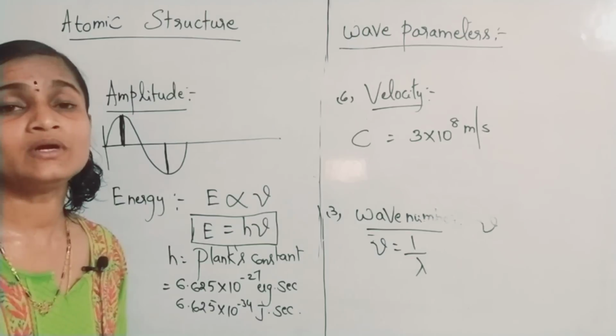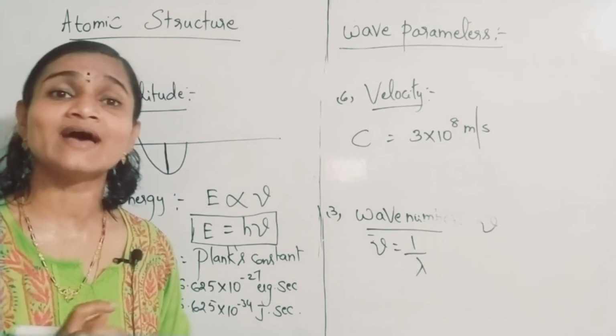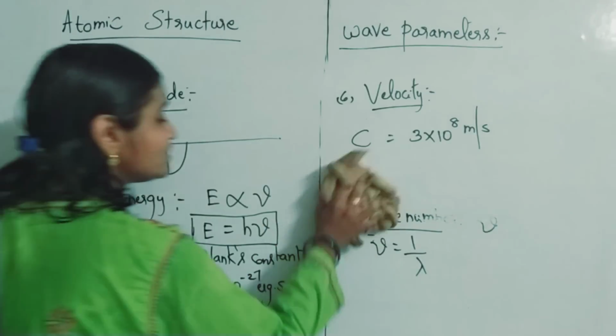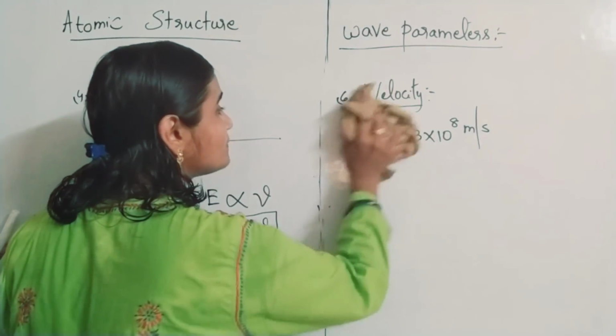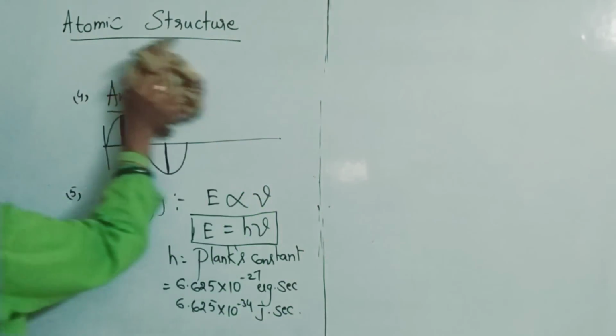All electromagnetic radiations travel with the velocity of light only. So these are all called wave parameters.